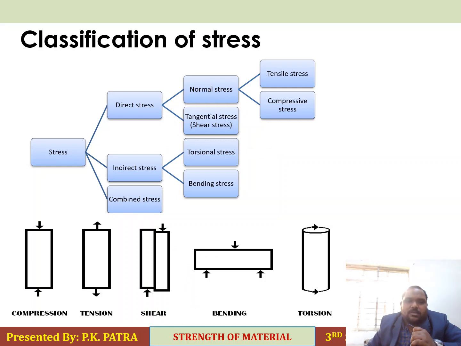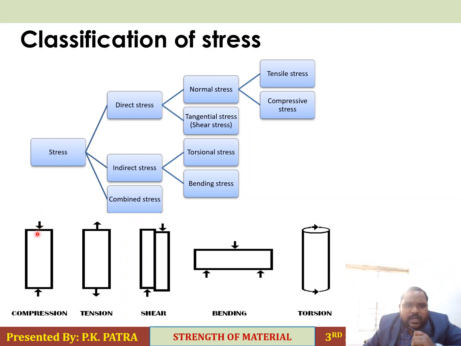So you can see here also. Suppose this is a body, okay, or a member or a structure. This is a member. Here the load is applied like this. You can see to this plane, the line of action of this load is perpendicular.